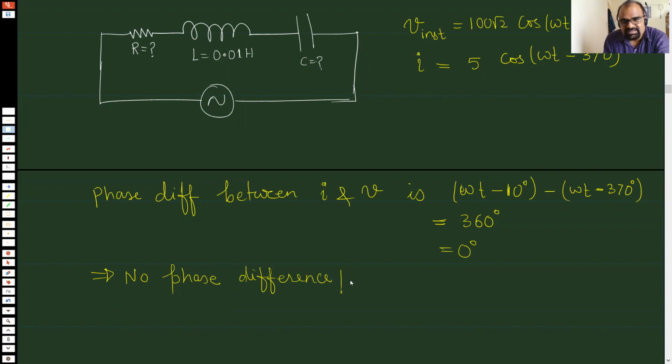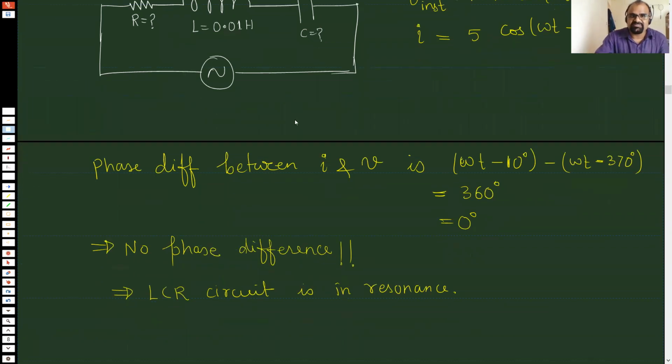No phase difference. That means the LCR circuit is in resonance. How did we conclude that it is in resonance? Because if you look at the phase difference, it appears to be 360 degree, but 360 degree is literally 0 degree.